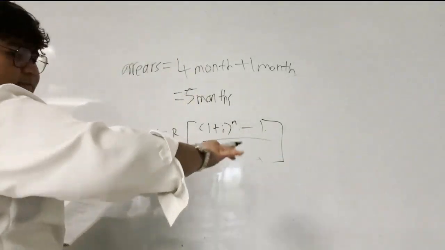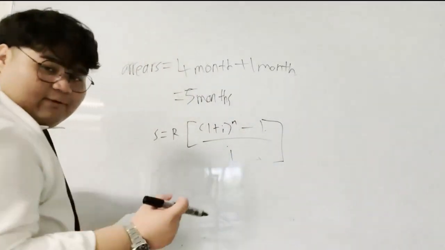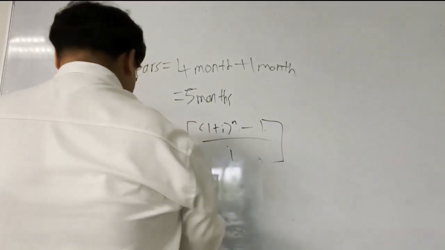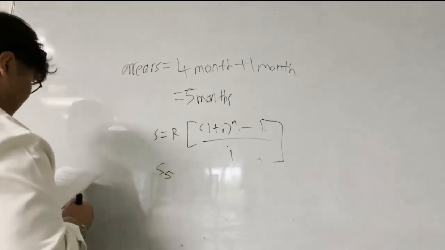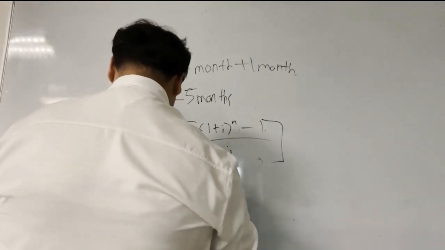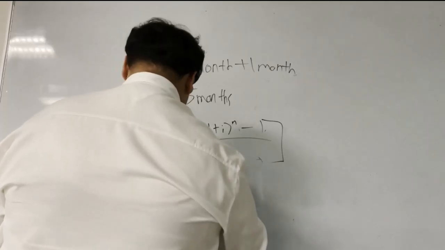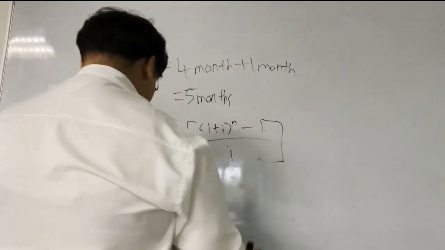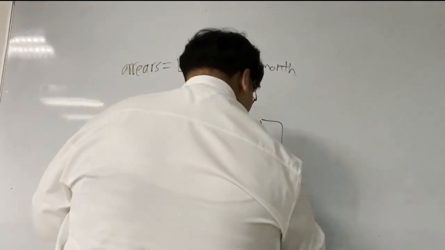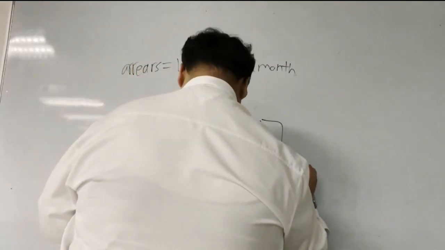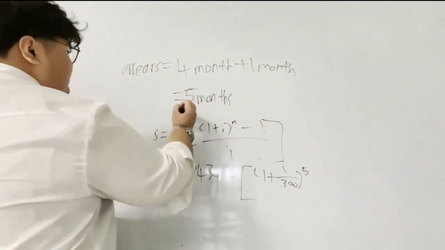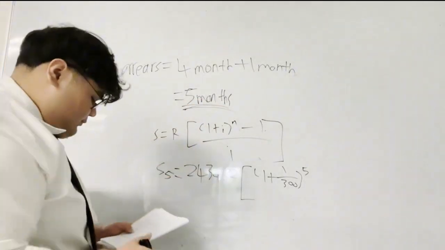So we got all the information from the previous question, so we just fill in the formula. S equals, 5 because it's 5 months, R, which we got on the previous question, 2,434.82, 1 plus 1 over 300 to the power of 5. Why 5? Because you need to pay for 5 months.